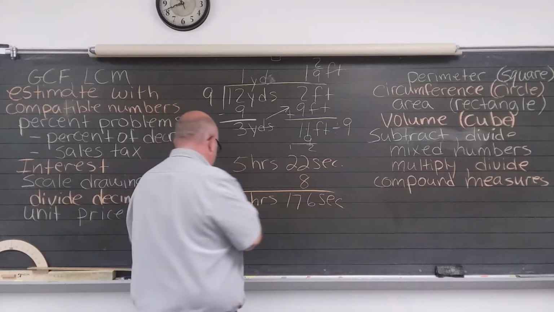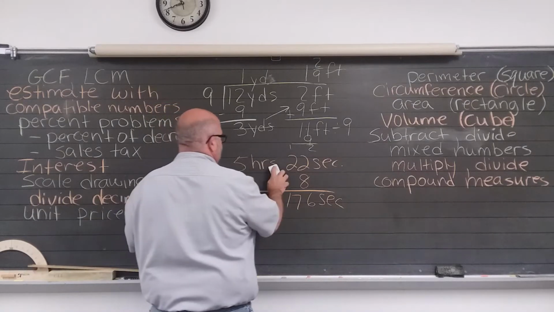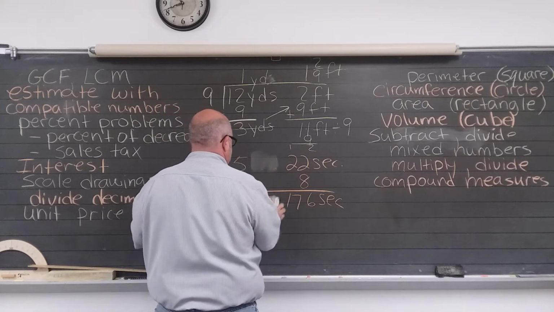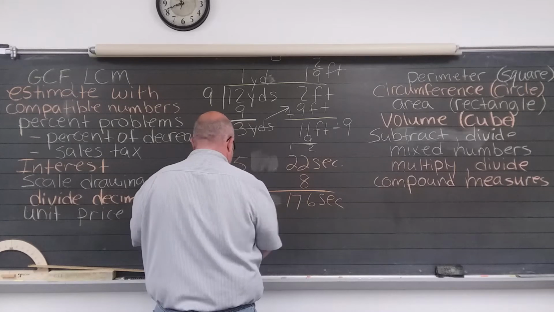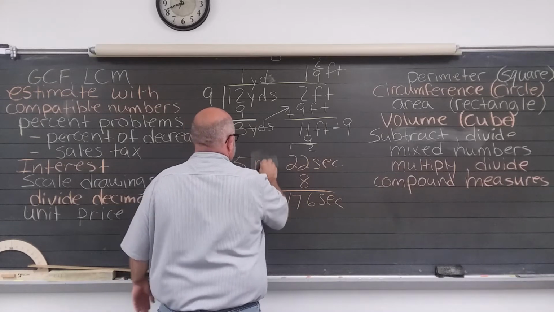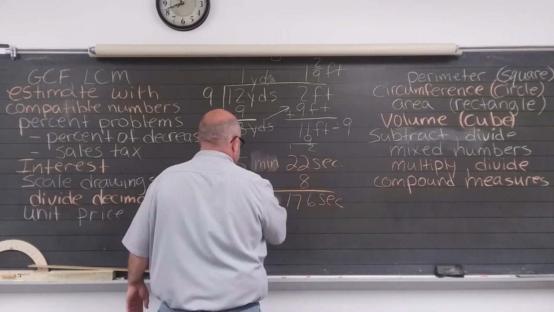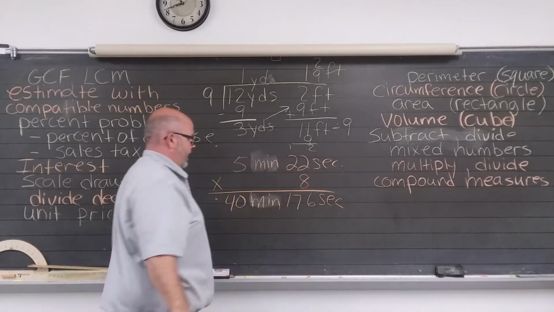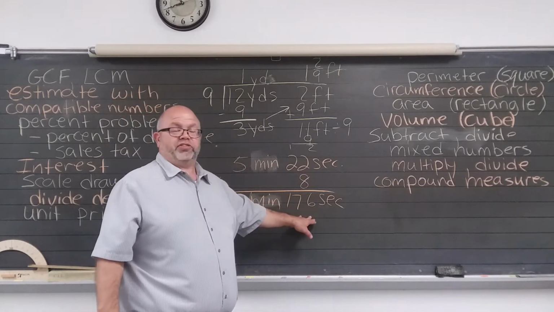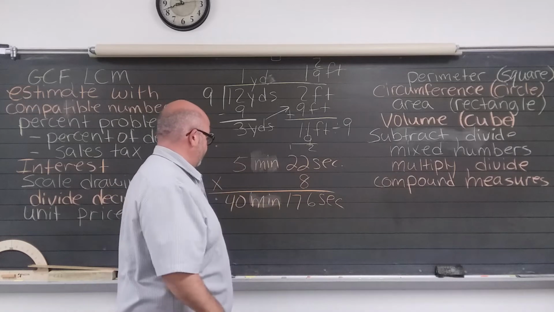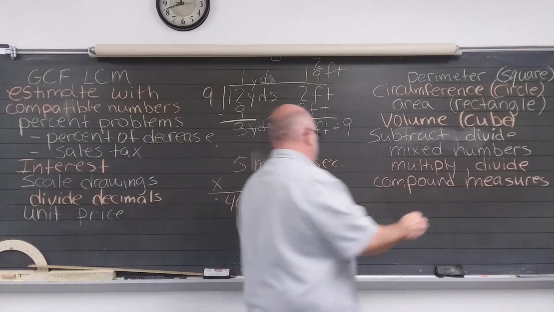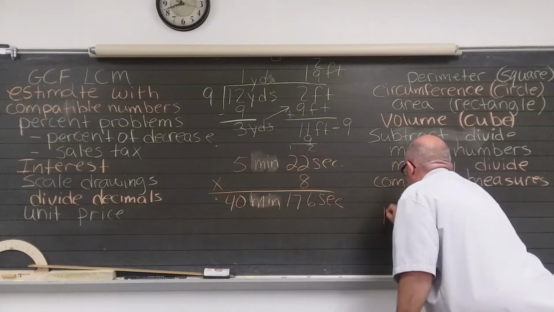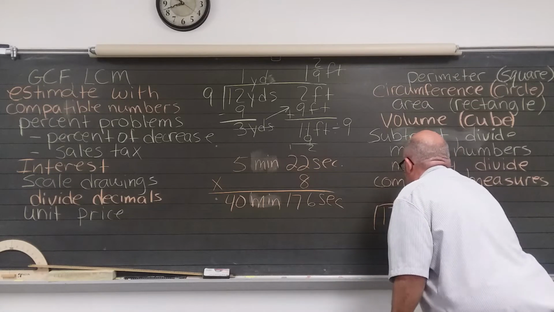I'm sorry, this should be minutes and seconds, not hours and seconds. Apologize. Now divide the seconds by how many seconds in a minute. 60 seconds in a minute. So divide 176 divided by 60.